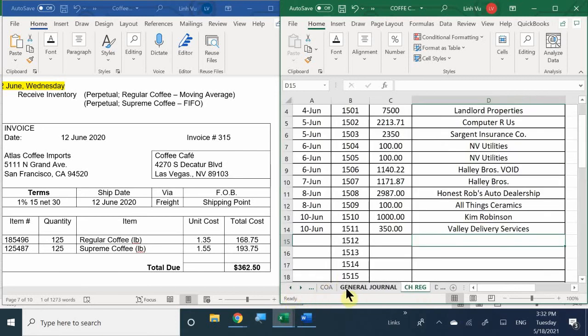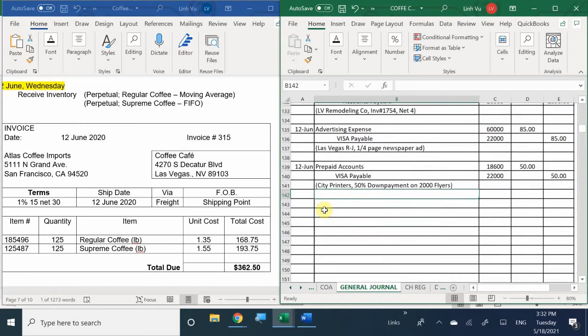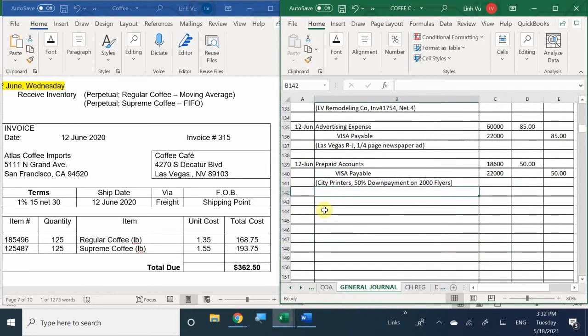Okay. How are we going to journalize our inventory item? Regular coffee and supreme coffee. Yes, because with perpetual, we put everything into the asset. Perfect.